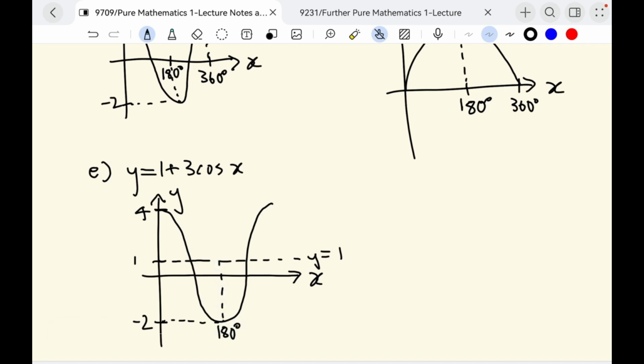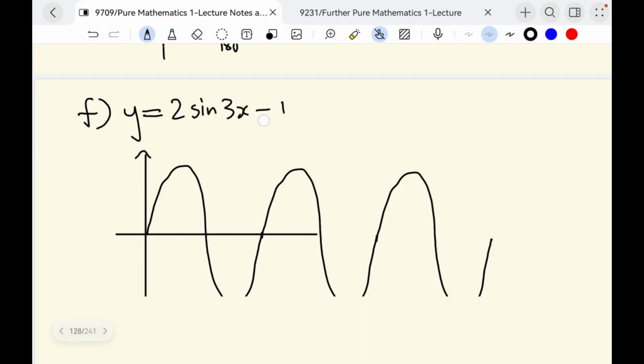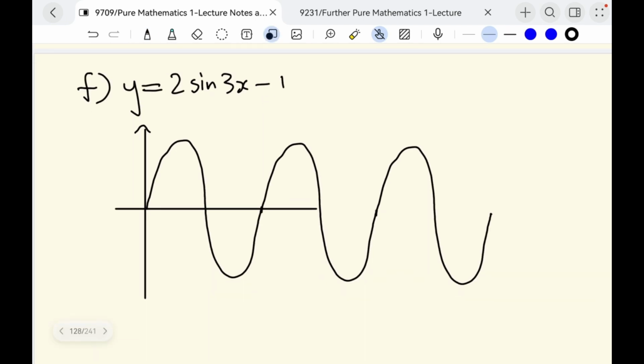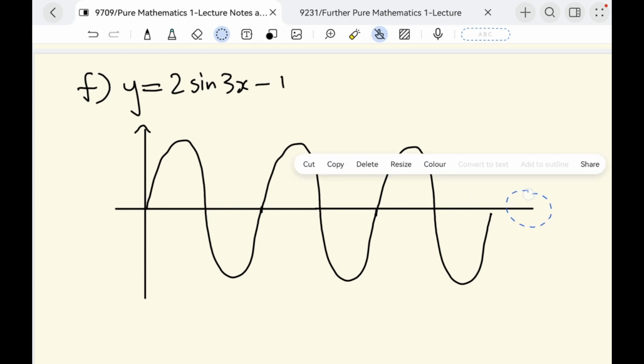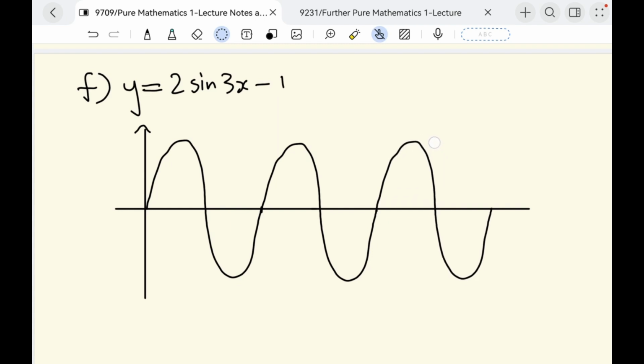Make it like this. Now it looks better. And then just extend the line. There we go.